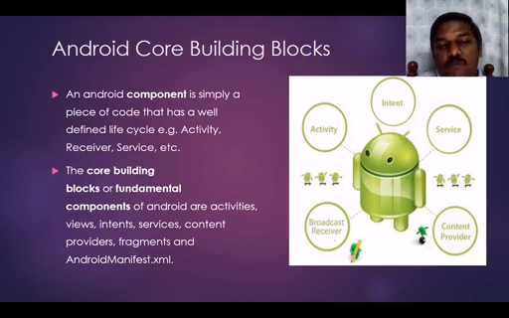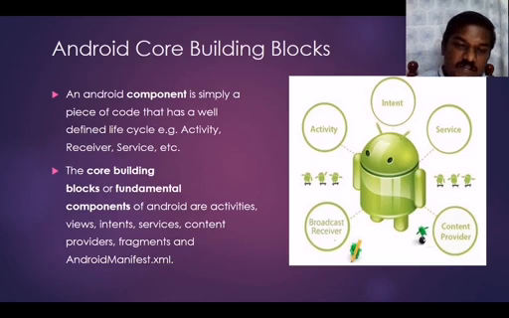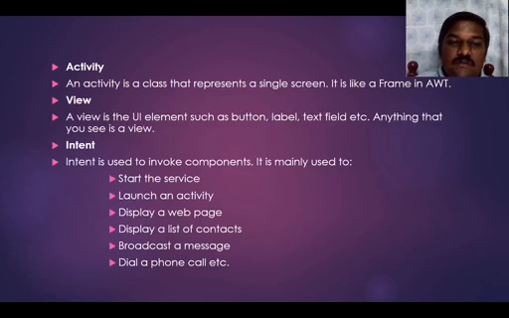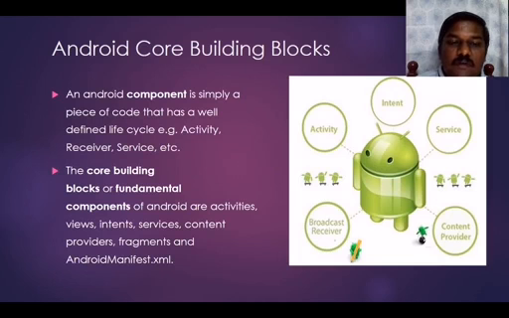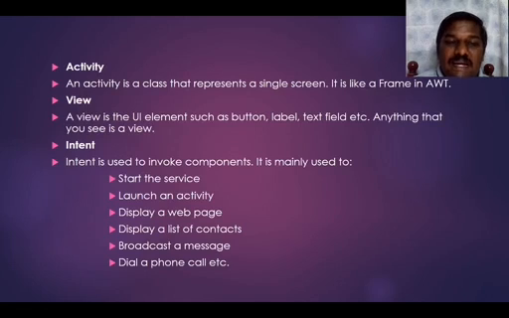See, now we move on to the Android core building blocks. If you create an application in Android, there are basic building blocks. They are called activity, intent, service, then broadcast receiver, content provider. So these are the building blocks of the Android application. So what do you mean by activity?